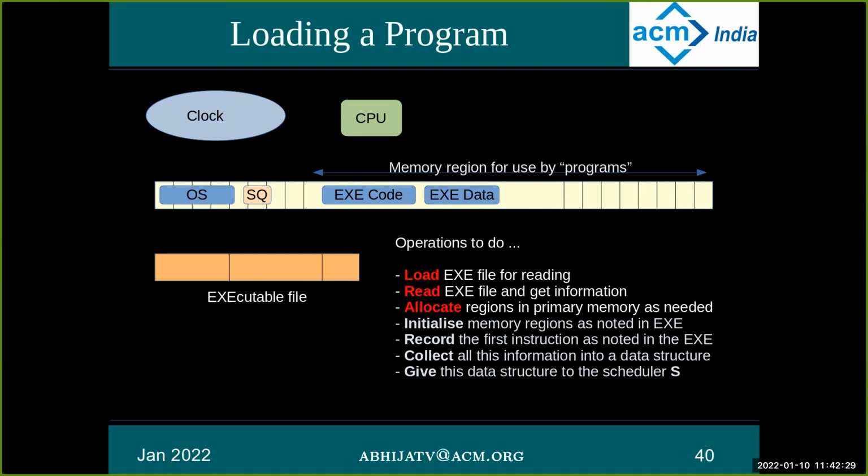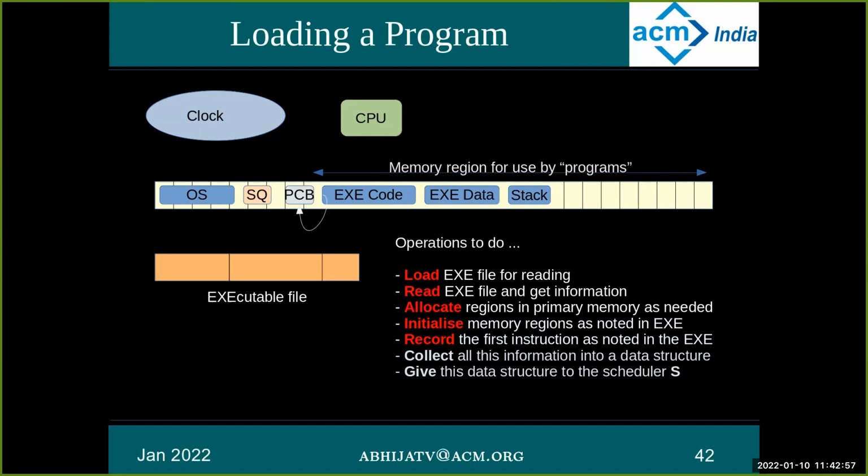Okay, you initialize the memory regions as needed. So you might actually also create a stack. This is also what we had seen earlier. The executable code is copied, the data has been copied, the first instruction from the code section is now entered into the process control block.